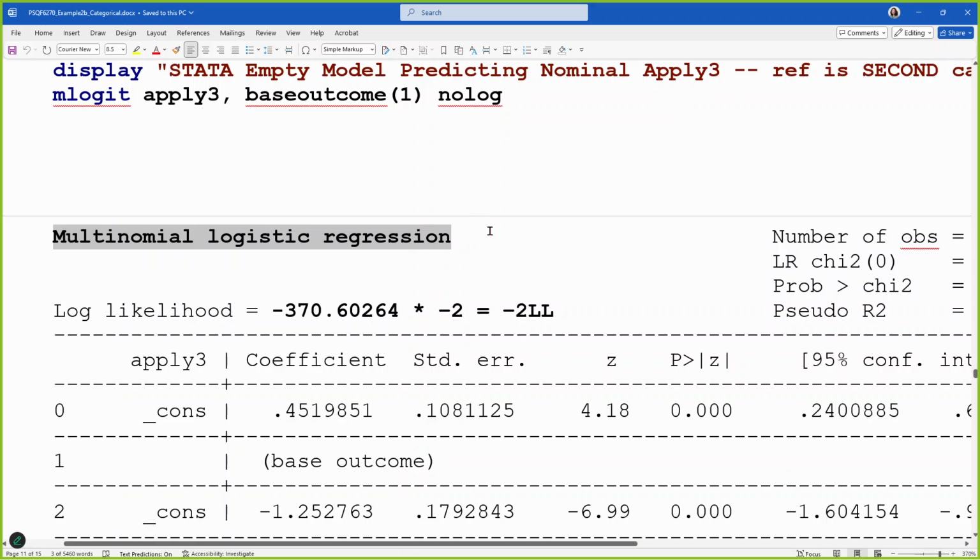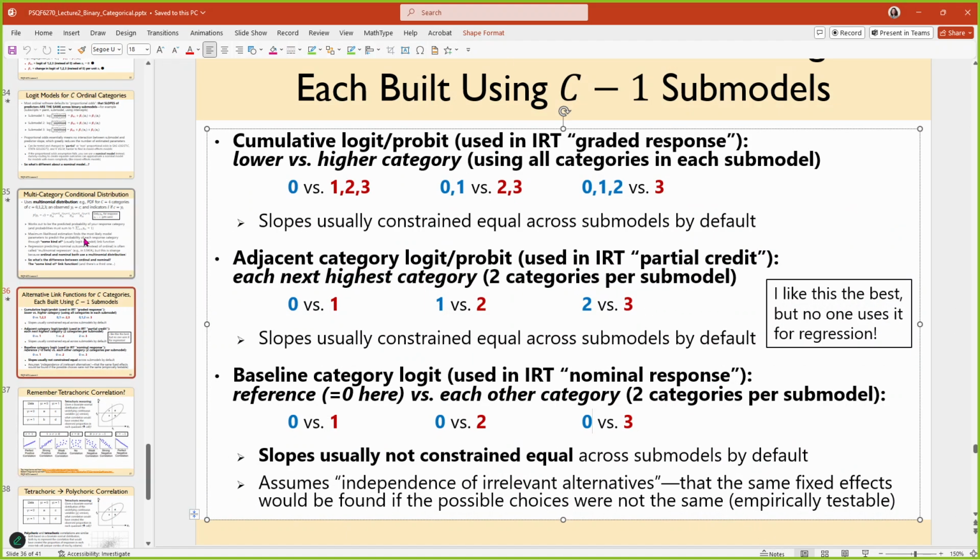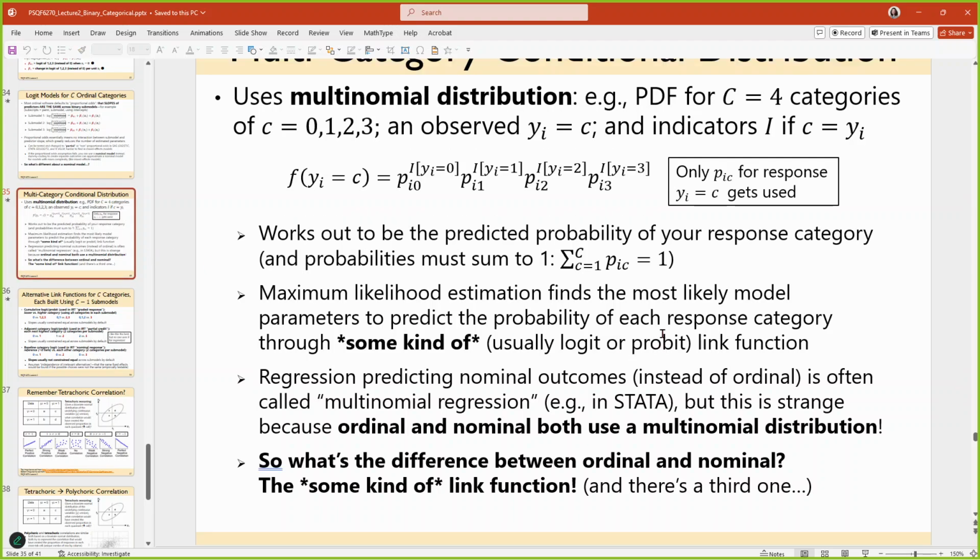What distribution are we using for these models? Binomial, well, Bernoulli, or, oh, binomial, sorry, for binary. What distribution did we use for ordinal? Do you remember? Let me go back to that. That's the link.